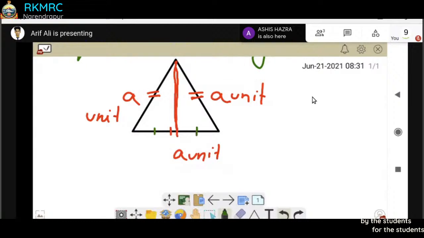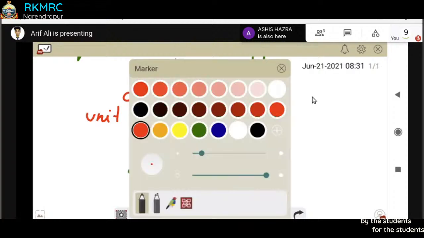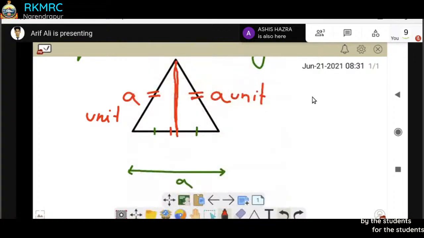So, if this full length is your A, then this is your A by 2, A by 2. All with unit.